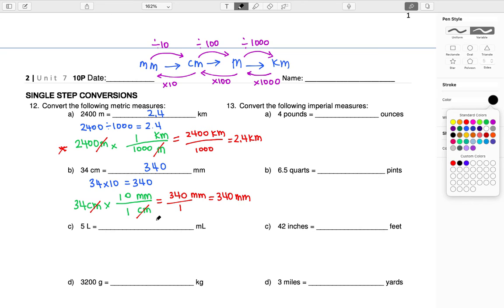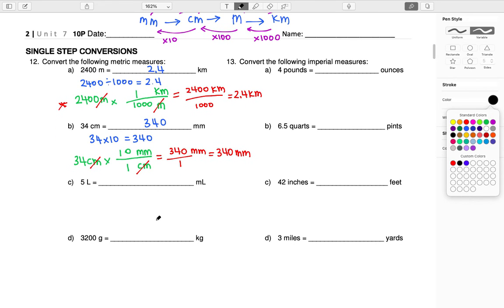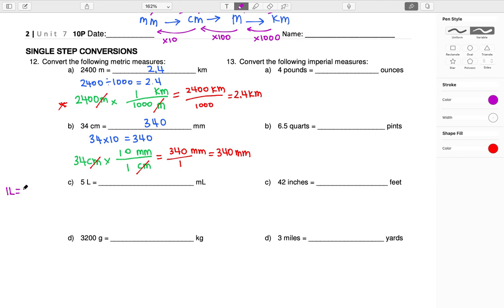Okay. Now, you're given different units, liter and milliliter. If you look at your conversion chart, it is going to tell you that 1 liter is 1,000 milliliter. Make sure you look first. And 1 kilogram is 1,000 gram.